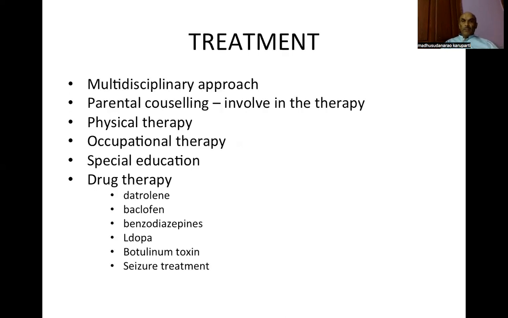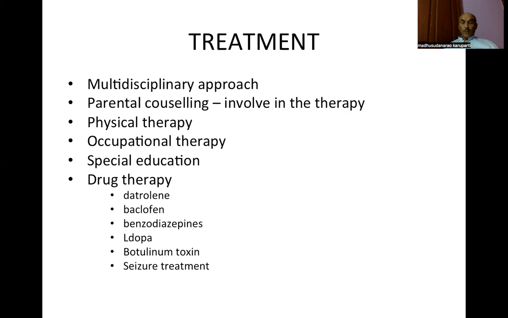Well, management of these children with cerebral palsy is with a multidisciplinary approach. You should have the physiotherapist, pediatrician, and neurophysician. And should provide the physiotherapy, special education, and parental counseling, which is very important in order to have the psychological support, to provide adequate care and support to the suffering children.